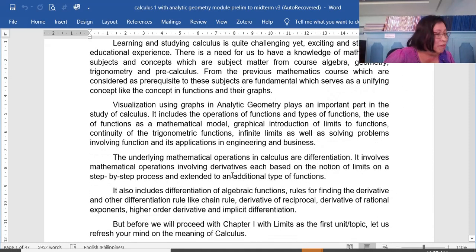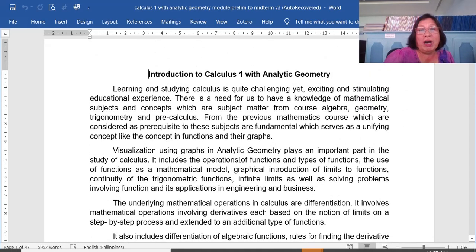Our lesson this afternoon is all about Calculus 1 with Analytic Geometry. Learning and studying calculus is quite challenging. Why challenging? Because it needs your mastery of the two requisite subjects, Euclid's algebra and trigonometry, plus analytic geometry.